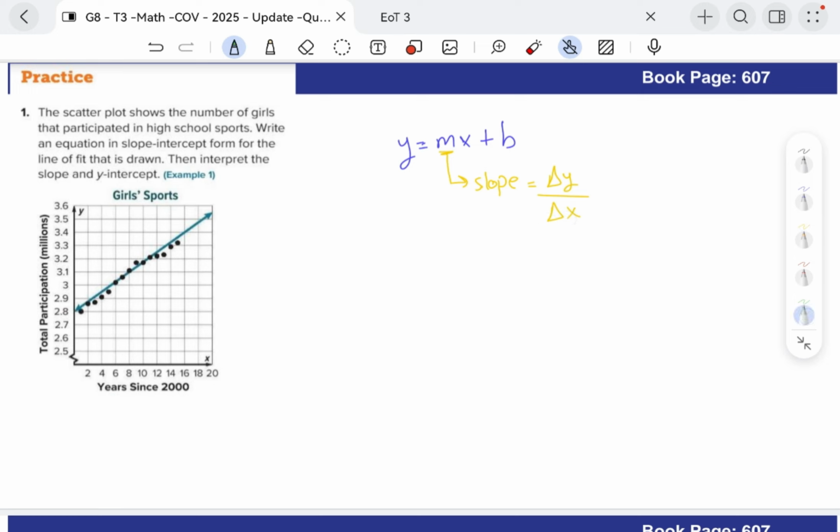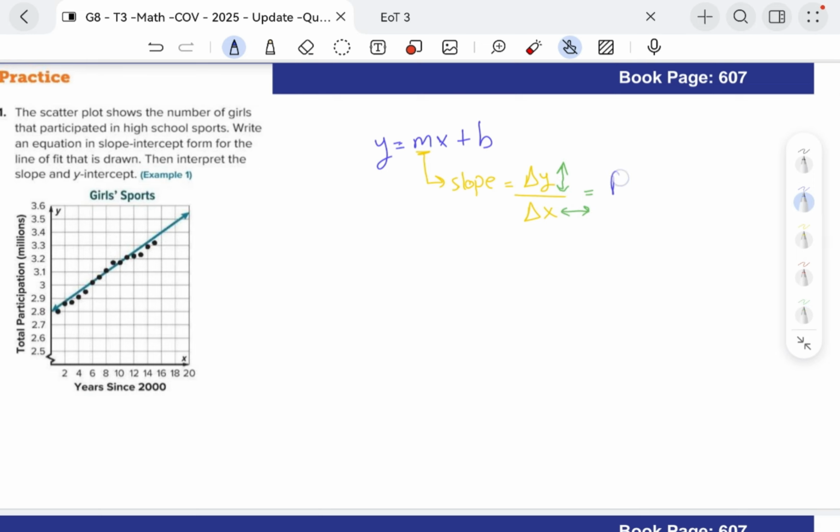The change in y means the vertical change, and the change in x is the horizontal change, also known as rise over run. Now the value for b represents the y-intercept, or the initial value.